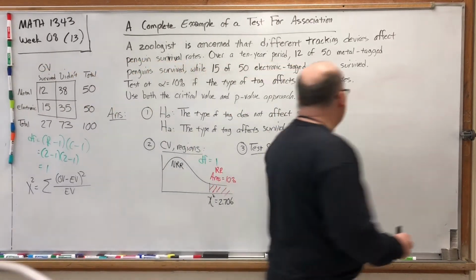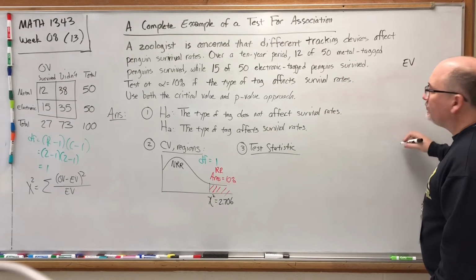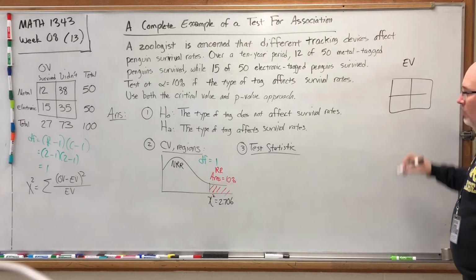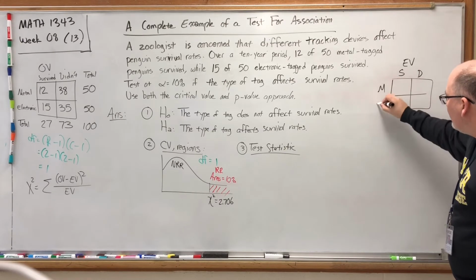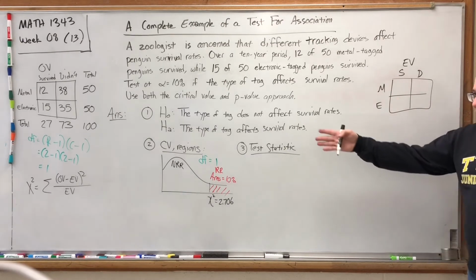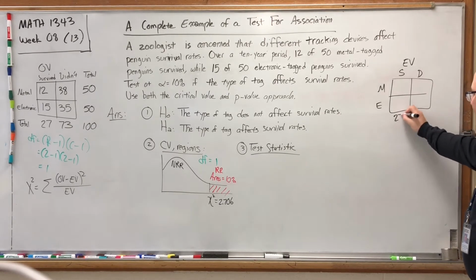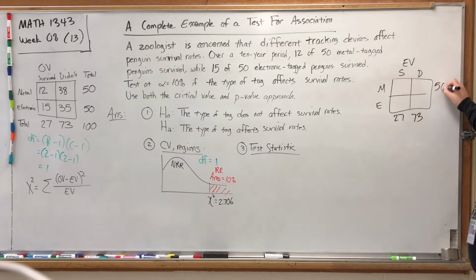Let's make our expected value table over here, and remember how that goes. You set up the same rows and columns. We'll put S for survived and D for didn't, M for metal, E for electronic, but you import the totals over here. So we still need 27 who survived, 73 who did not, 50 total metal tagged, 50 total electronic tagged, 100 grand total.